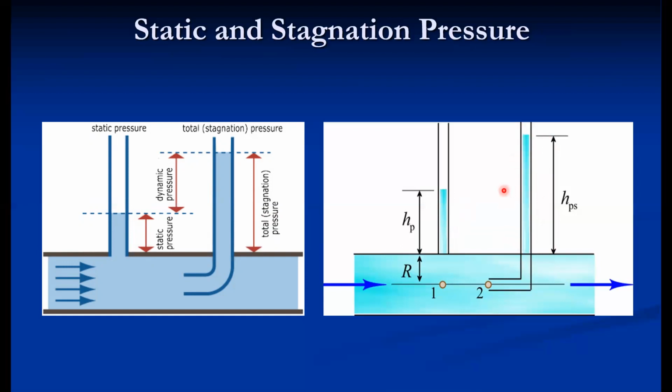In the dynamics topic, we will discuss this terminology in depth again, its significance. This device is called a pitot tube, for measurement of stagnation pressures. So these are some additional terminologies used in fluid mechanics: static pressure, dynamic pressure, and stagnation pressure.